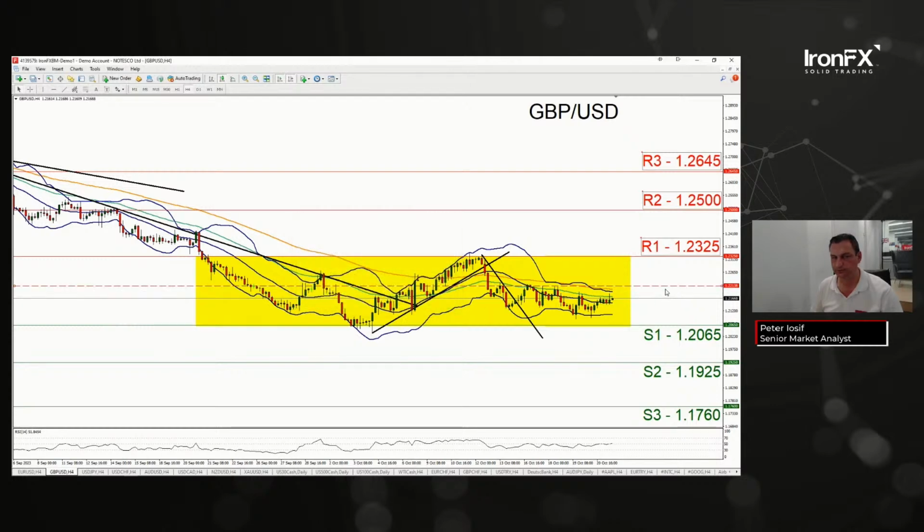Here you go. You can see how this level was tested once, twice here, 3 times here, and here.